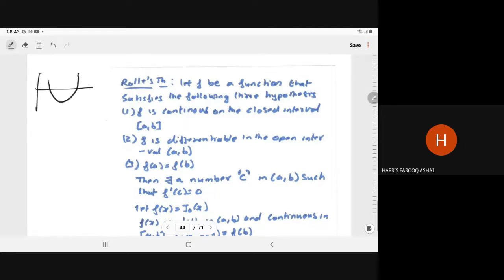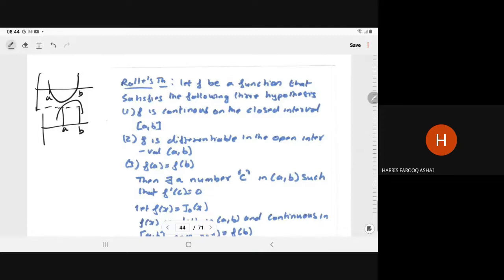So here let's say here we have the a, here we have the b. So the only condition is f must be continuous in the closed interval ab, f must be differentiable in the open interval ab, and fa is equal to fb.